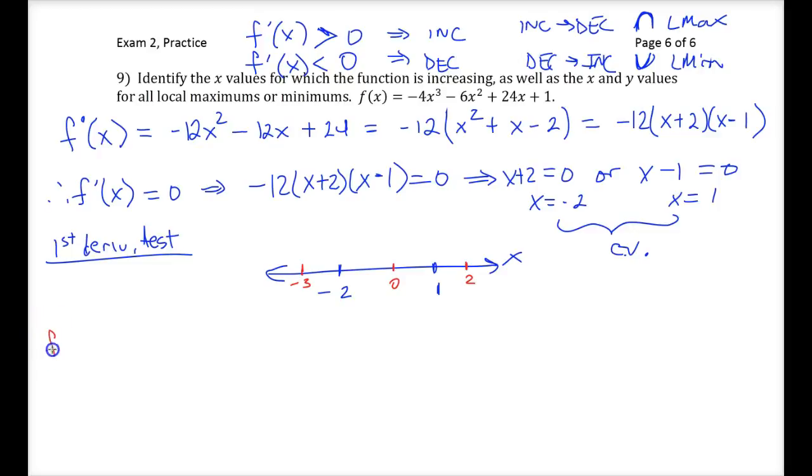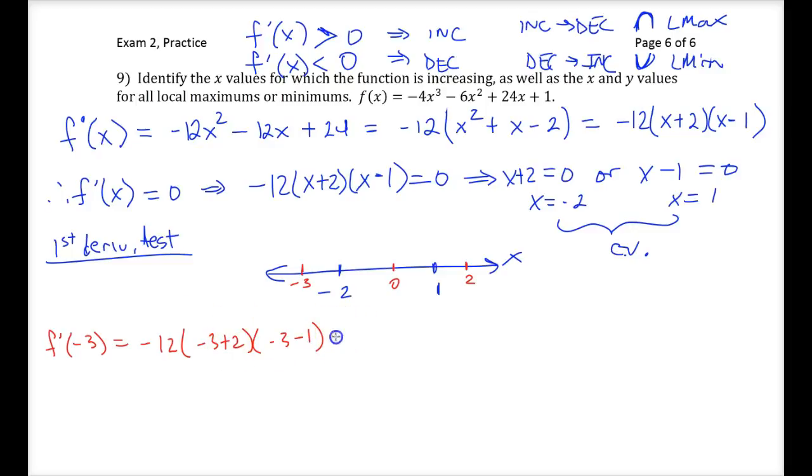So let's start with f prime of -3. And again, all I'm concerned about is whether the answer is positive or negative, not even really what the answer is itself. So here that will be -12 times -3 plus 2 times -3 minus 1.